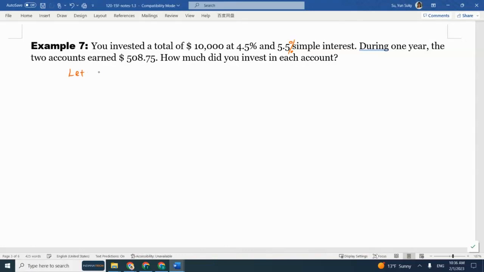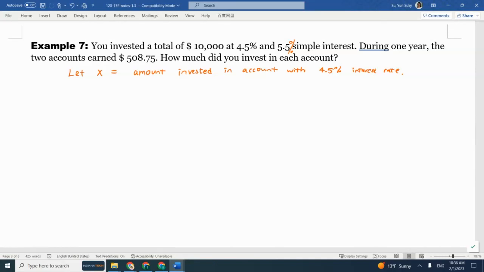Okay, so set the variable: let x be the amount invested in the account with, let's say, 4.5% interest rate. That's x. Okay.